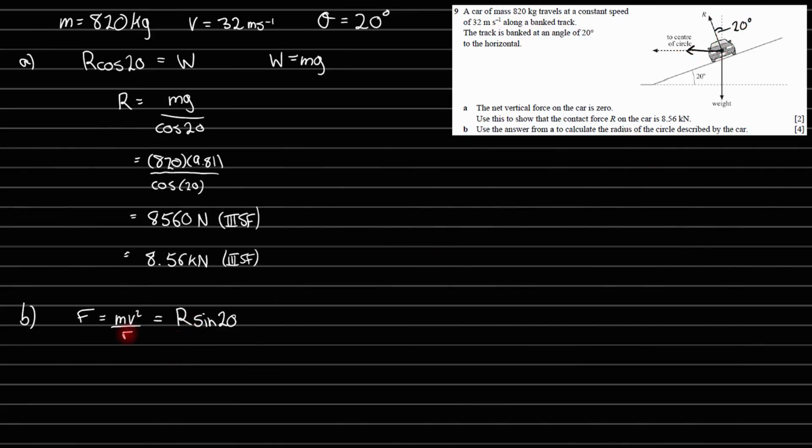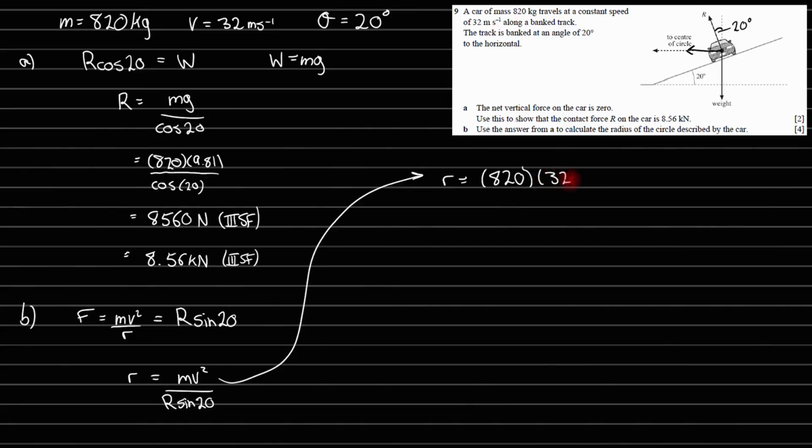So then all we need to do now is make the radius little r the subject. We know what the mass is. We know what the speed is. We're given it earlier on. So let's just make r the subject, times both sides by little r, divide through by big R times sine of 20. We then get that little r equals mv squared divided by big R sine 20. And let's bring that up here. Inputting in our values then, the mass of the car is 820 kilograms.